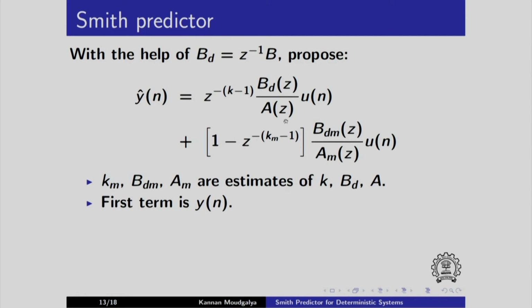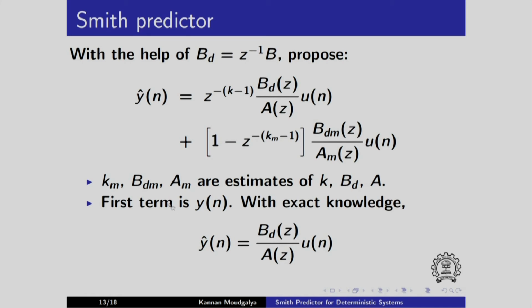So as I mentioned earlier, the first term is yn with exact knowledge. The estimate is seen to be this, which is the original model with only 1 unit delay. It is as if you go inside the plant and locate the response before the delay and pull it out for control purposes.